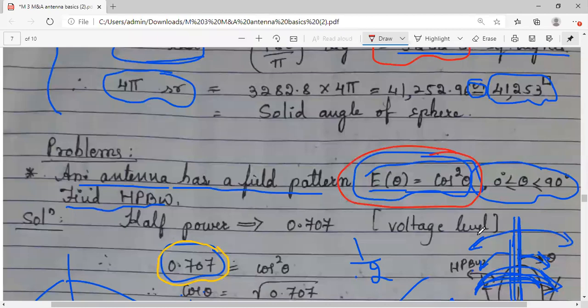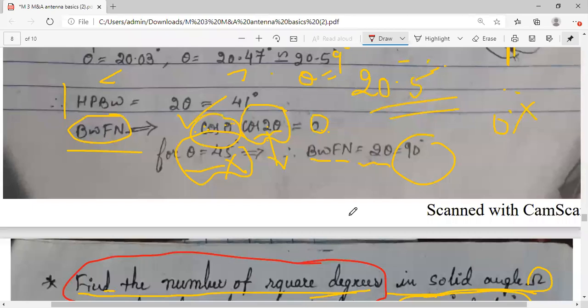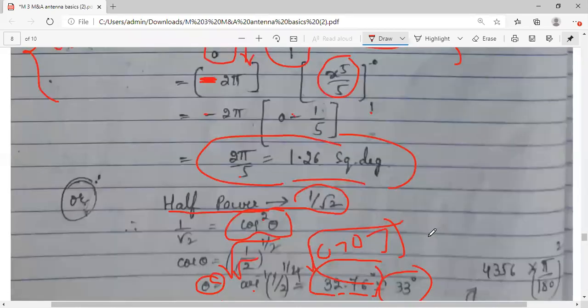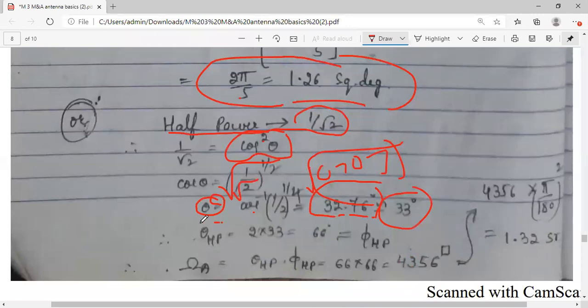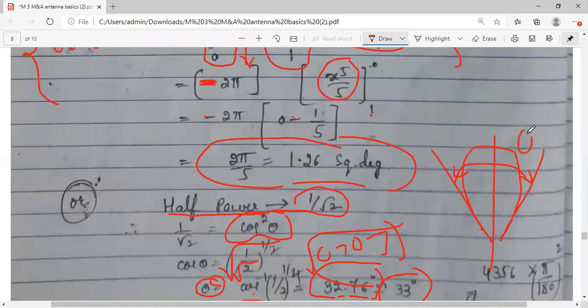So taking that theoretical concept, I have taken theta HP will be equal to 2 times 33. Why is it 2 times? If this is your total main lobe, अगर आपको HP BW चाहिए, theta measurement सिर्फ इतना रहेगा. So अगर आपको overall चाहिए तो 2 times theta करना होगा.